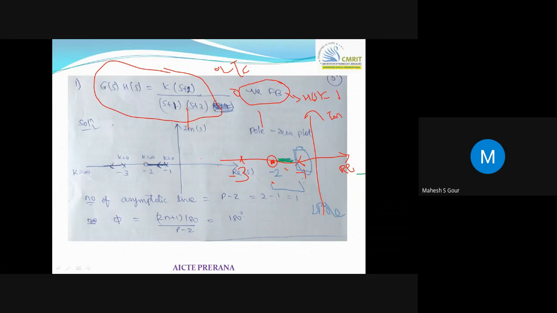When I check this area, as you can see, this is the pole which is on the right hand side of this area, correct? So how many poles are there? One. How many zeros are there? There are no zeros, right? So totally one pole plus zero combination is there, and one is an odd number. So the root locus lies here. Okay, so when I come to this part.